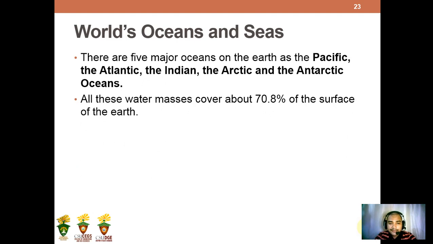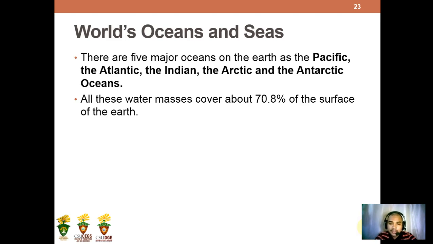And there are 5 major oceans in the Earth. So kabalo naman siguro tani kay this was taught to us during elementary and high school years, no? 5 major oceans: the Pacific, Atlantic, Indian, Arctic, and Antarctic oceans. And all these water masses cover about 70.8% of the surface of the Earth.